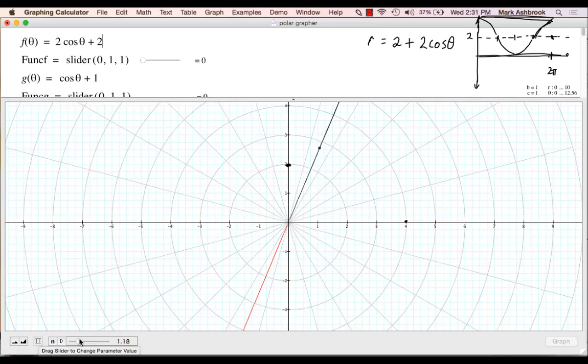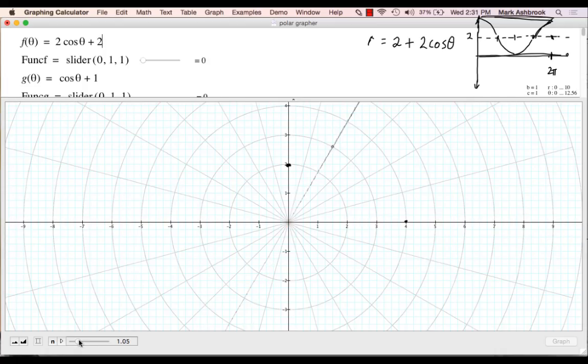So a common mistake students make is they would kind of draw it like this, and then it comes in like this. But when your angle gets close here, it's greater than 2. So it's going to be out further from 2, because the radius is decreasing from 4 to 2. Do you see that? So look how far out above 2 it is there.